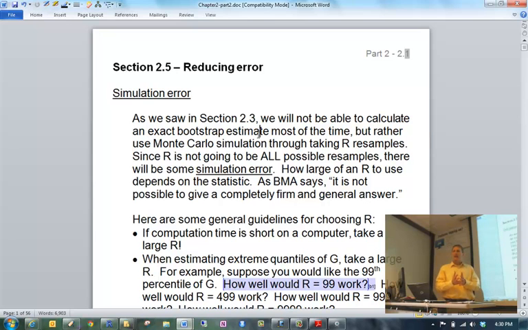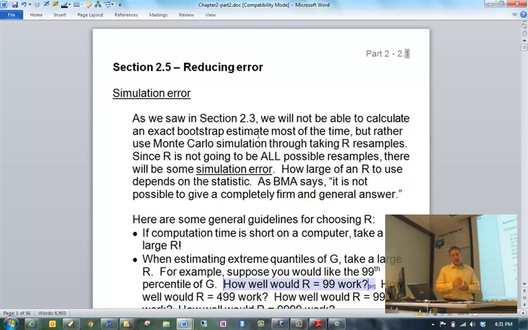I'm never going to ask you to prove a particular asymptotic result. Rather, what you need to know is how to interpret the final result in the end. And I will also give you some more references if you want to know more about the actual asymptotic underpinnings of the bootstrap and how that works.